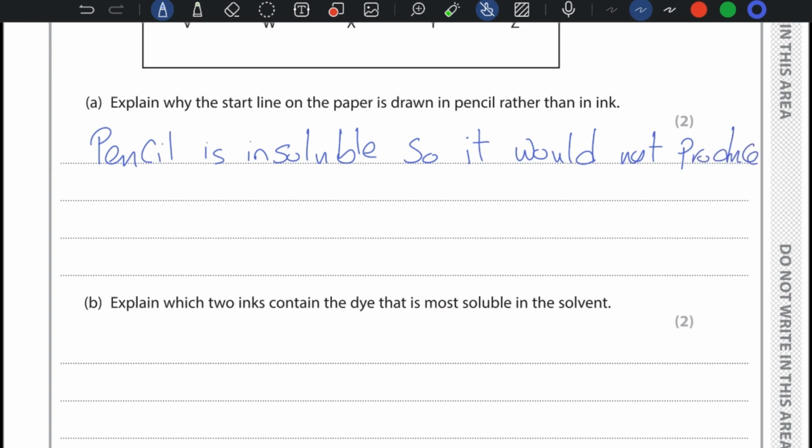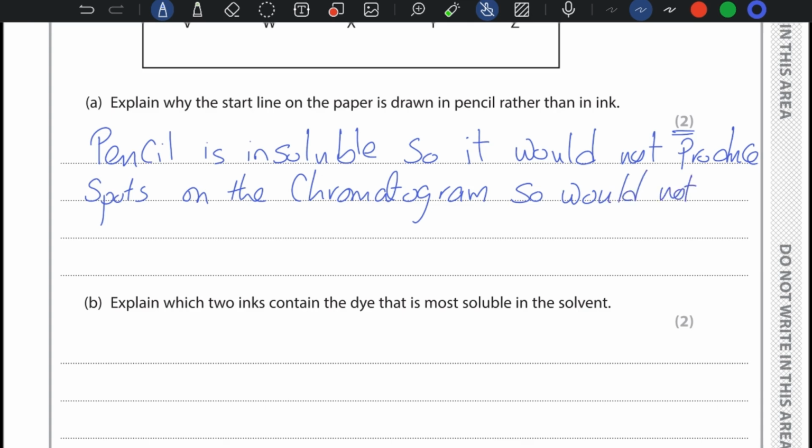Take care, that question is 2 marks. So it would not interfere with the results.